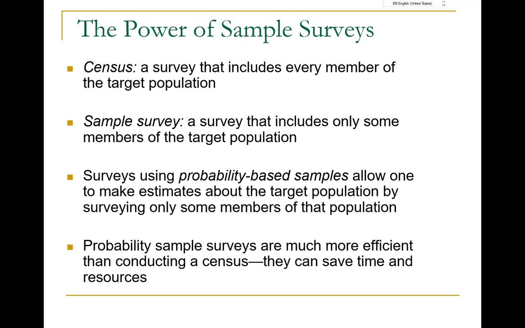By surveying only a portion of the population, you can still make estimates about the entire population with a reasonable level of precision. The precision is known as margin of error. Probability-based sample surveys are particularly efficient because they allow researchers to generalize findings from a small, representative sample to the broader population, saving time and resources.